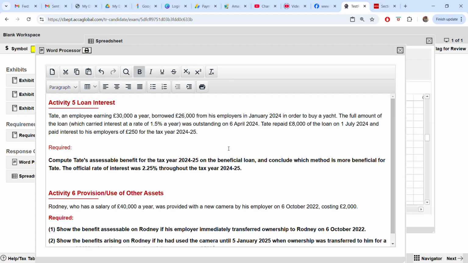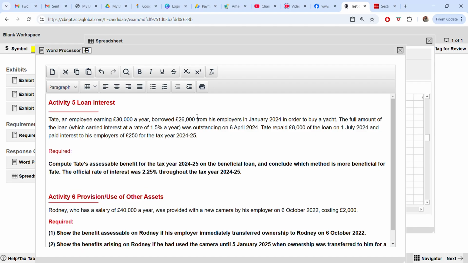Let us solve activity 5 using the normal method first, that is the average method. First we'll find the average. What is the amount of the loan at the start of the tax year? 26,000. At the end of the tax year, he has repaid 8,000, so from 26,000 if you deduct 8,000, it is 18,000.